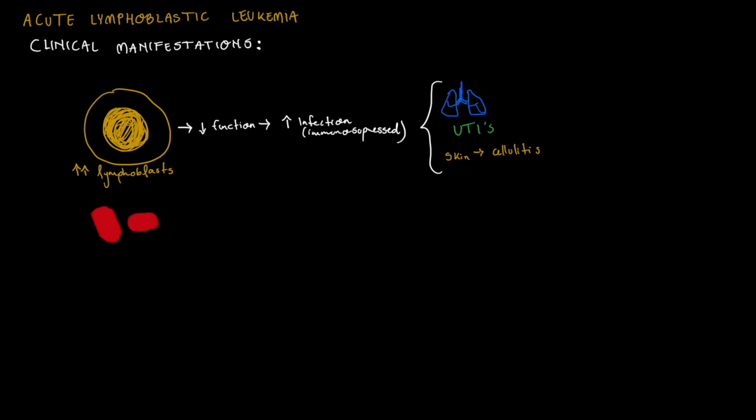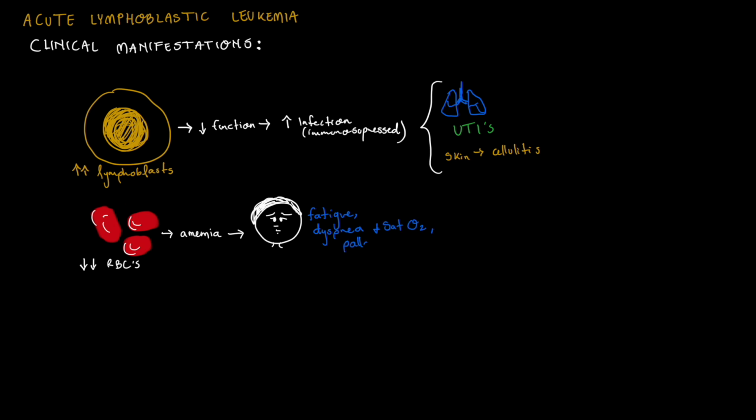Also, cellulitis. Also, we're going to have a decrease in the red blood cells, or erythrocytes. This is a cause of redistribution of the energy that the lymphoblast takes to divide itself.